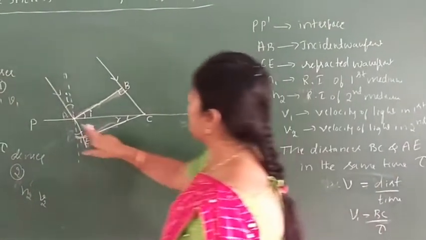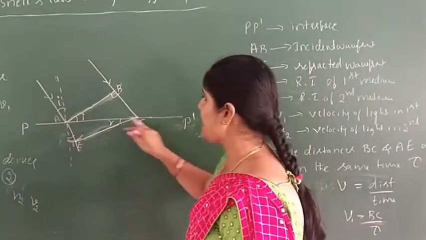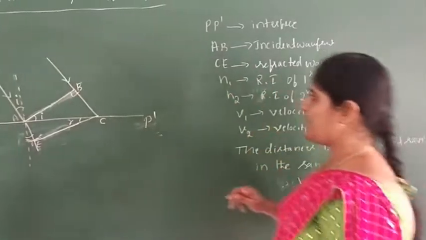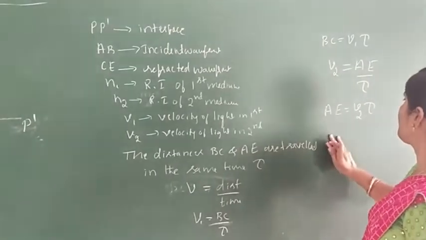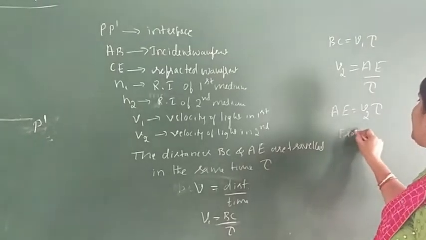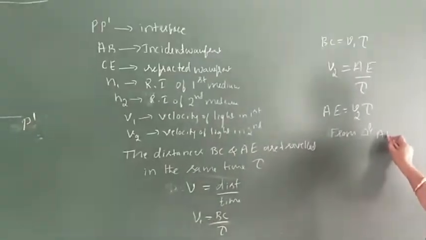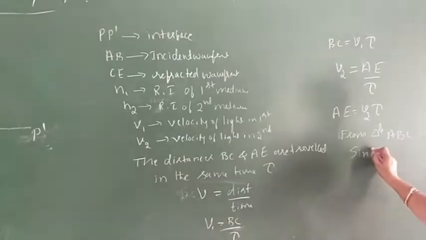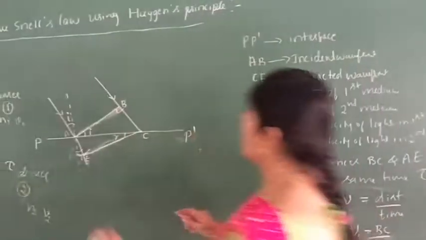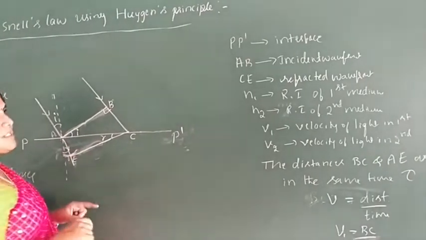Okay. Next, we have two right angle triangles, that is ABC and ACE. First, from the right angle triangle ABC, the angle is I, so sin I is equal to, what is sin theta?